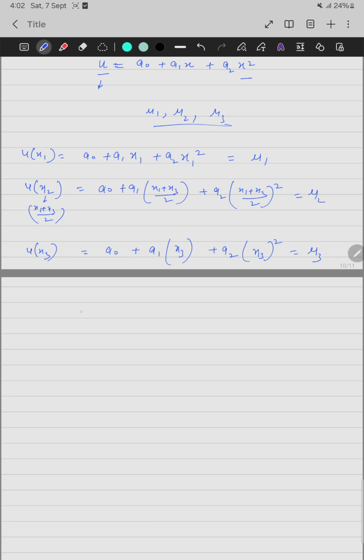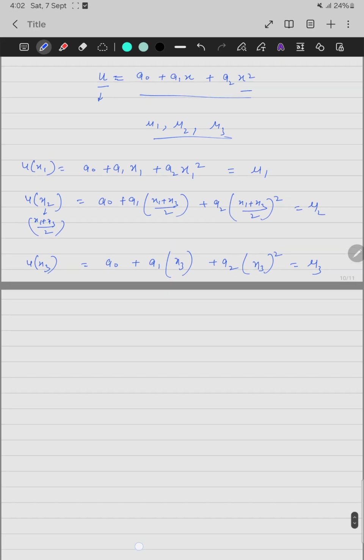Then we will put these back in the general equation and write our equation in terms of u1, u2, and u3.